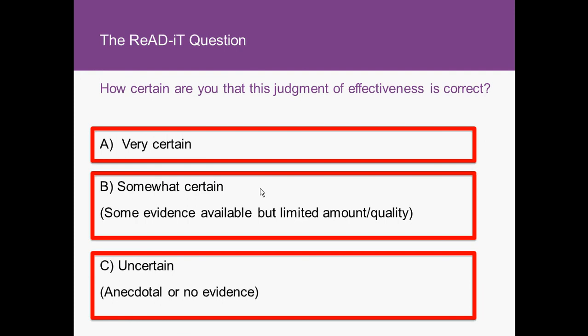To be very certain, you would want to be sure that the confidence intervals were surrounding quite tightly the rating of effectiveness that you made, and that there are few sources of potential bias in the studies that have been used to generate the point estimate of effect, or if a meta-analysis has been conducted, then that the meta-analysis was conducted appropriately.